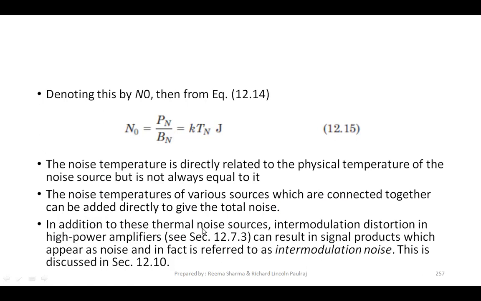In addition to these thermal noise sources, the intermodulation distortion in high power amplifiers can result in signal products which appear as noise, and in fact is referred to as intermodulation noise.